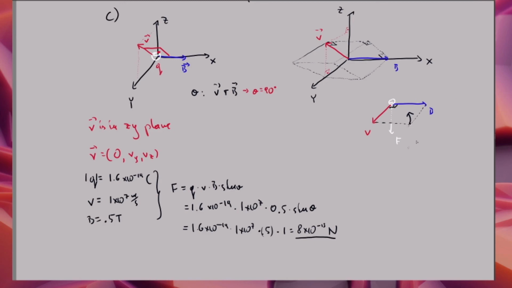I would have that the magnetic field B still points this direction. V now points properly somewhere here. And then I have this plane that has been rotated up. And the force F would come out of this point like this, and I would have 90 degrees, pointing like this.